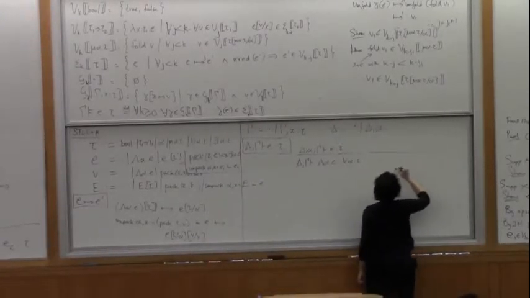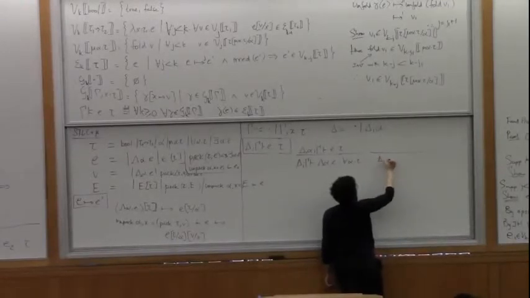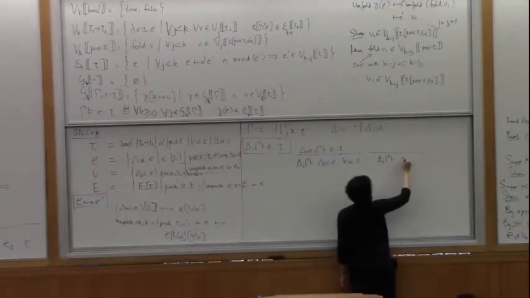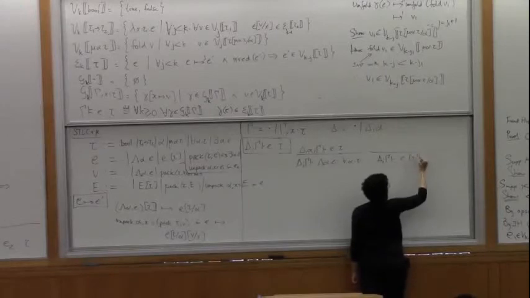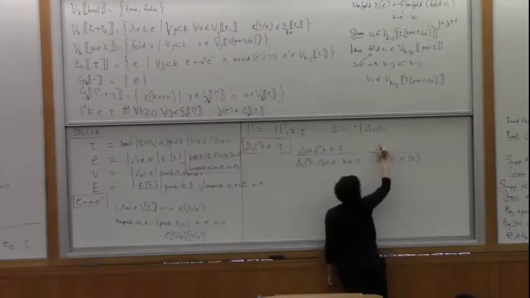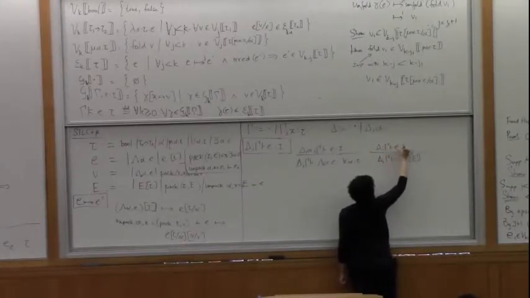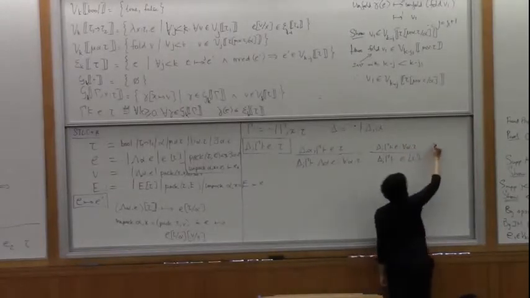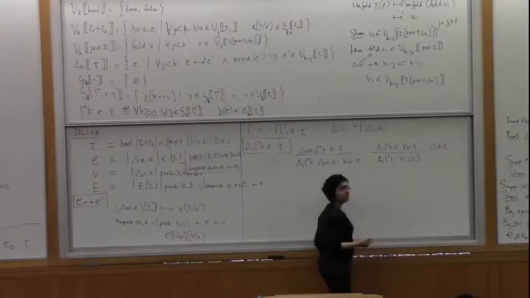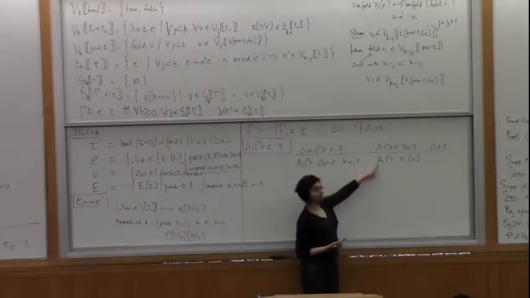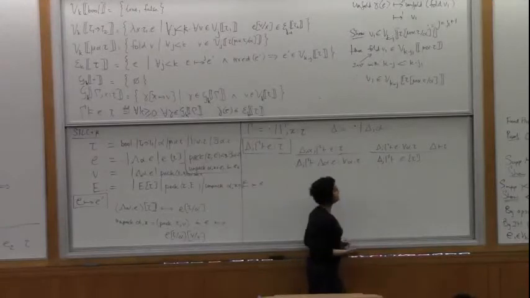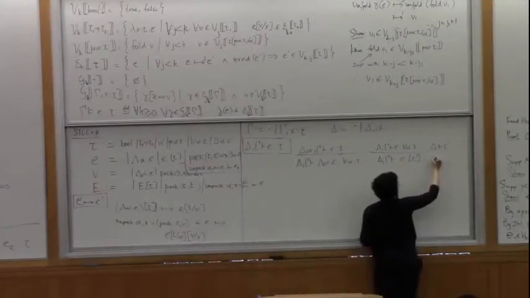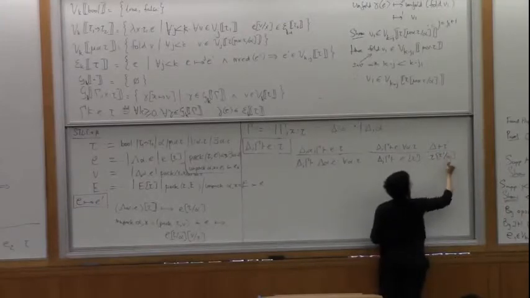For type instantiation, delta gamma e tau prime, let's say. So if under delta gamma e has a for all type, for all alpha tau, and if we have a type tau prime that is well formed in our environment delta, then E applied to tau prime has type tau with tau prime for alpha.